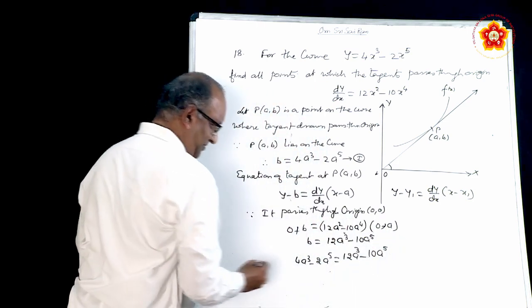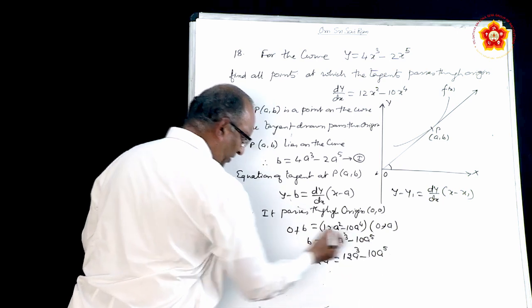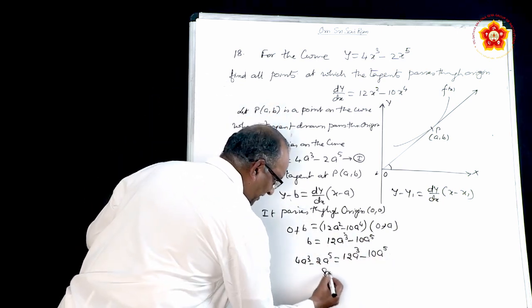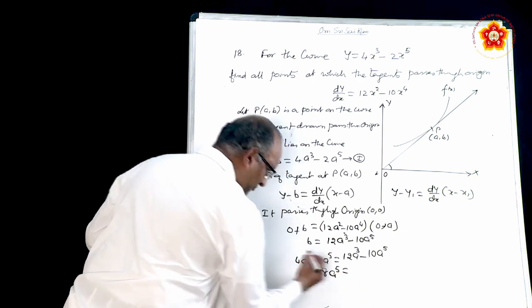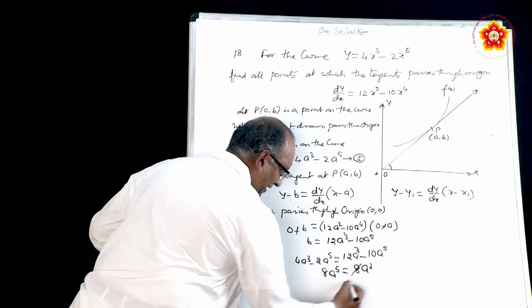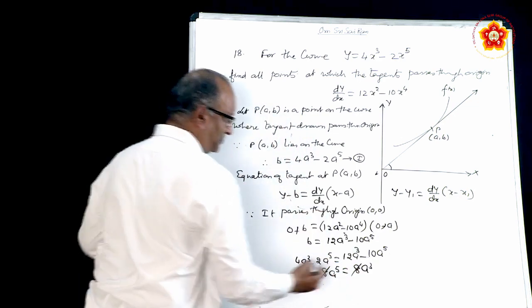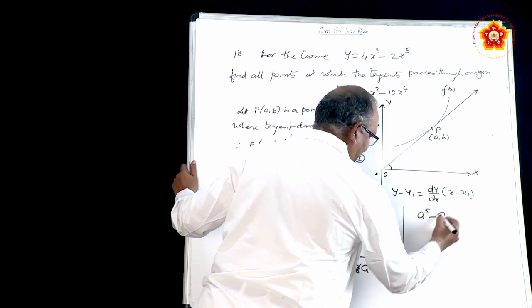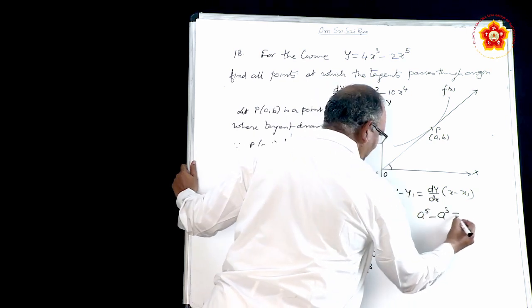Now collect the terms, a cube with a cube, a to the power 5 with a to the power 5. Minus 10a to the power 5, if you bring this side it will become 8a to the power 5. 4a cube, if you take it to other side it will become 8a cube. 8 and 8 gets cancelled, you get a to the power 5 minus a cube equal to 0.